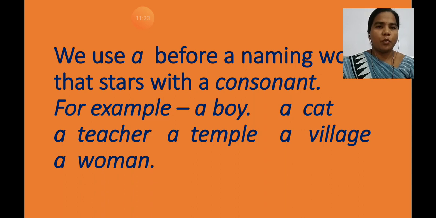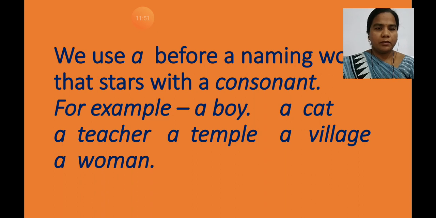Then a cat. Cat word starts with C, consonant sound. So we have to use a. Next one, a teacher. Why did we use a? Because T is a consonant sound.